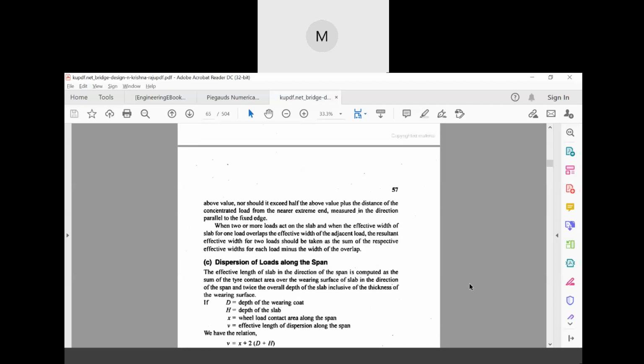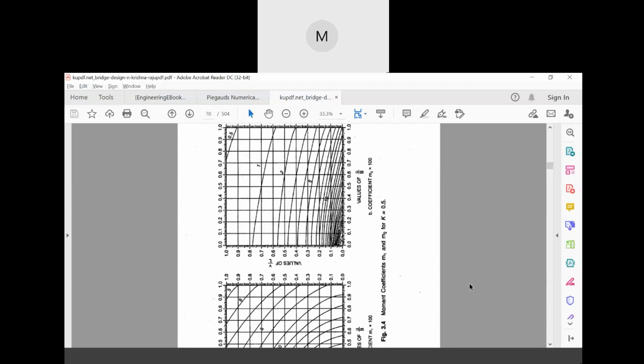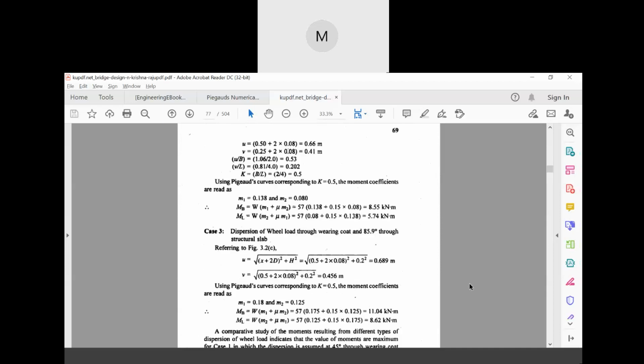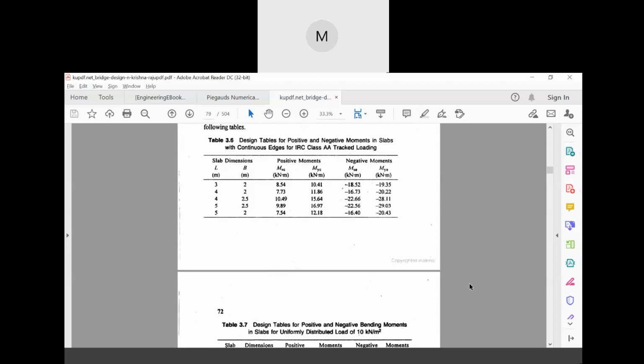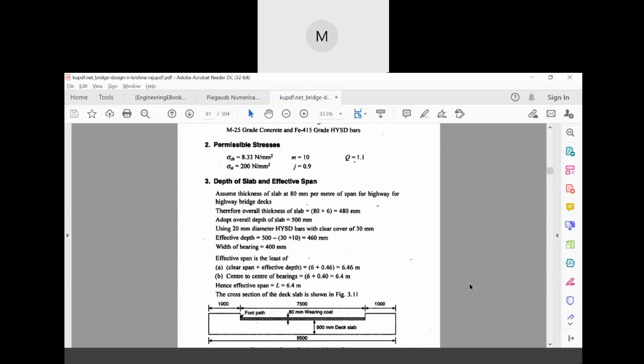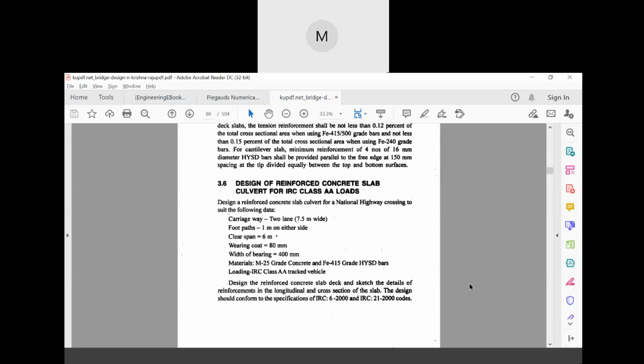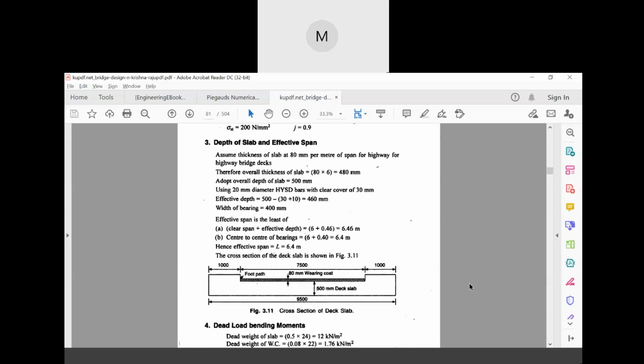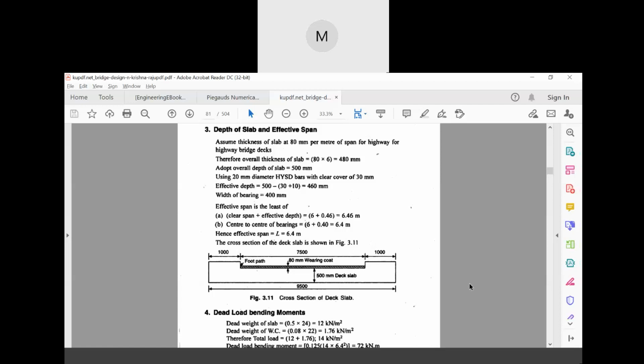So let us go to the numerical part. From the M25 and Fe415, you are getting these values. Fine. Now, after that, you will be finding out the depth of slab and effective span.